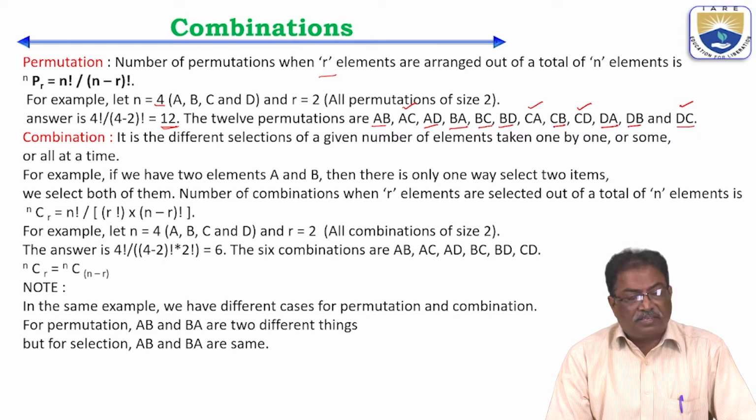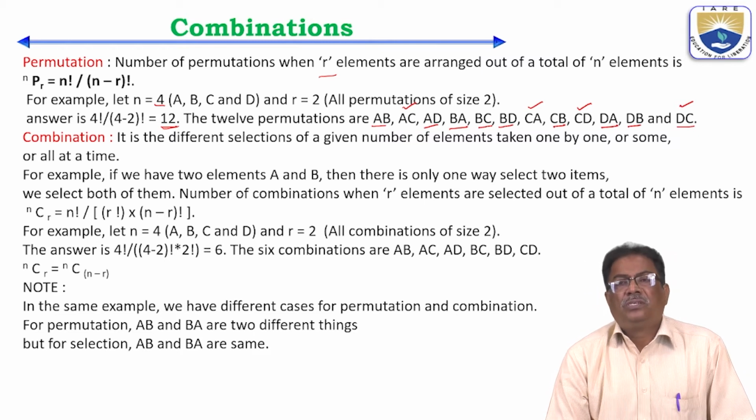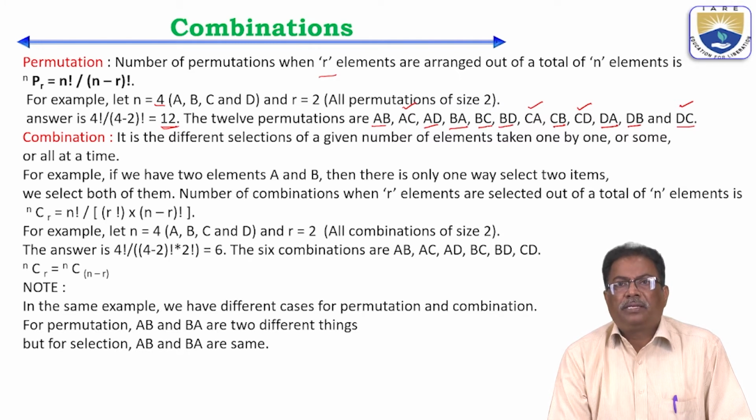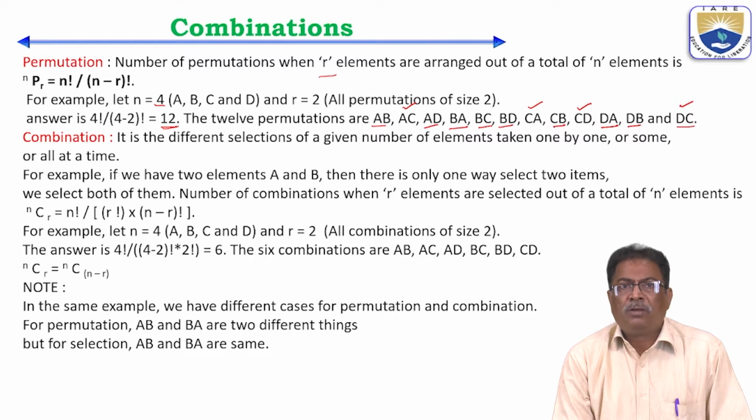Now let us concentrate on combinations. What is a combination? It is a selection of a given number of elements taken one or some or all at a time. Suppose, for example, you want to consider two elements A, B, then there is only one way to select them.